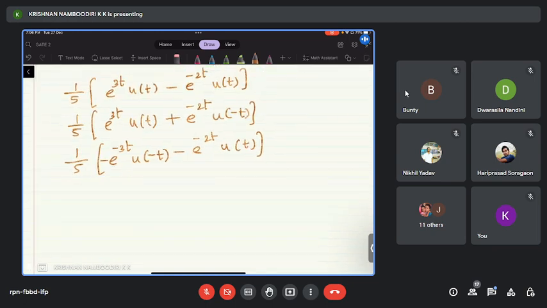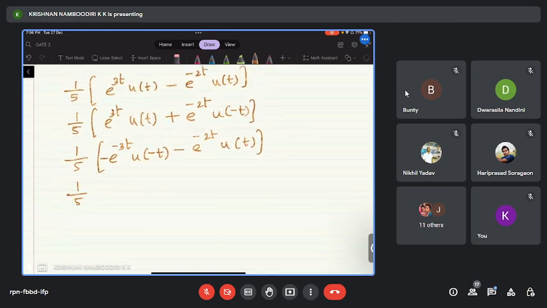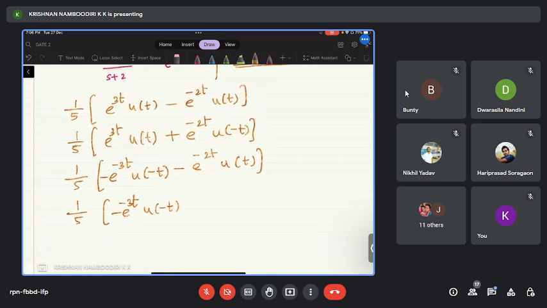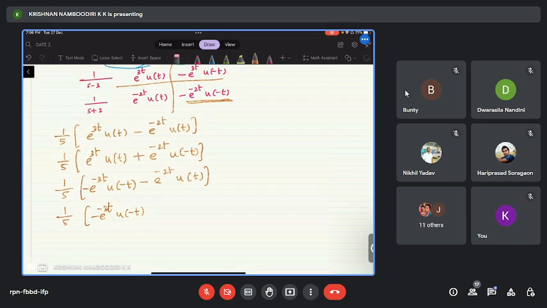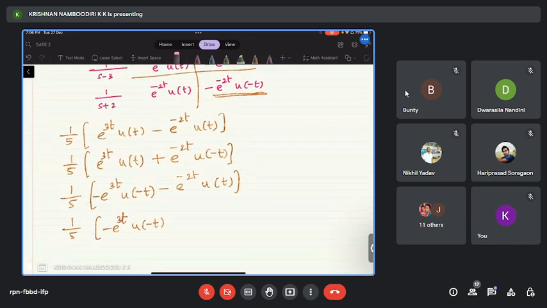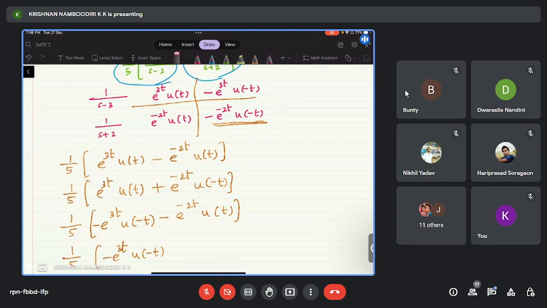The last possibility is both left-sided. I think I'm making a mistake here. It can be either e^(3t) u(t) or minus e^(3t) u(-t), correct?